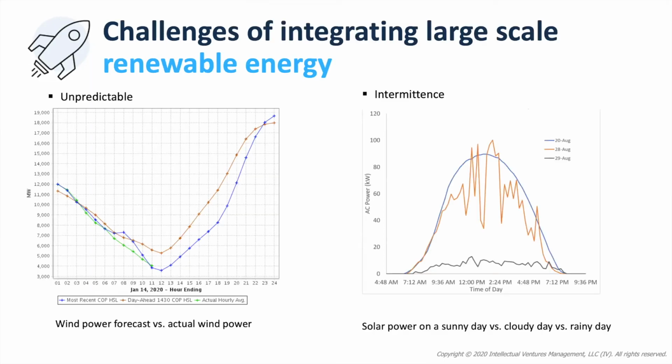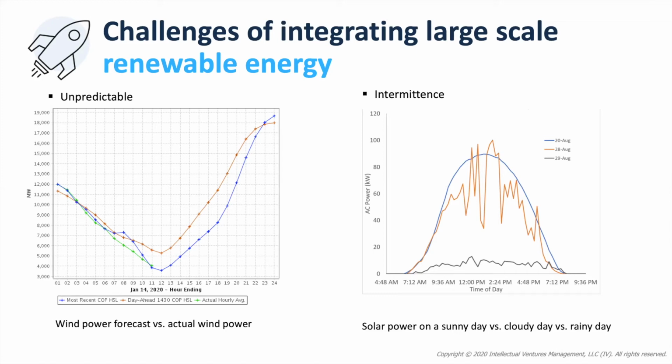There are a few challenges when integrating renewable energy into the United States electrical grid on a large scale, and these two that I show here are just a few of many more. On one hand, on the left-hand side, wind power is unpredictable, so the wind power output is not exactly as predicted.